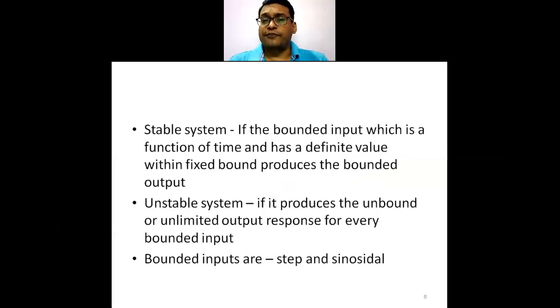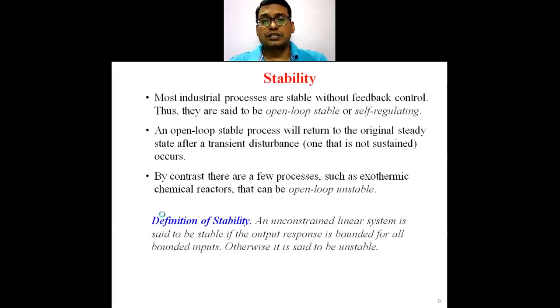If the inputs are bounded and you get a bounded output, then the system is considered stable. If the system produces an unbounded or unlimited output for a bounded input, then the system is considered unstable.